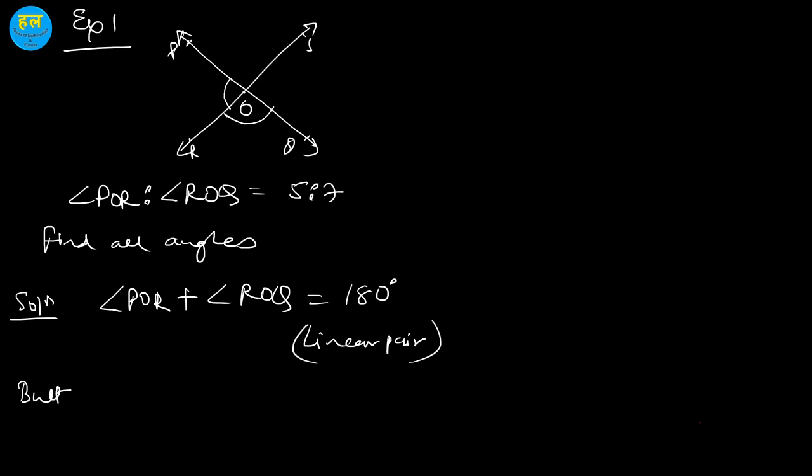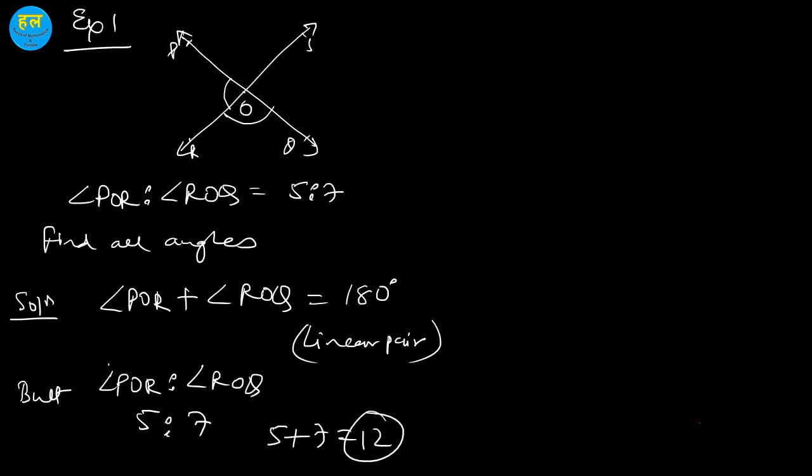So angle POR is in ratio with angle ROQ, and they are in a ratio of 5:7. So 5 plus 7 is equal to 12. So whole 12 is 180 degrees.